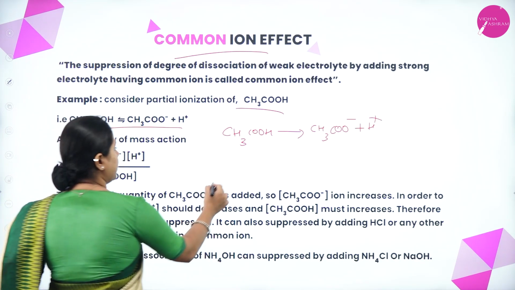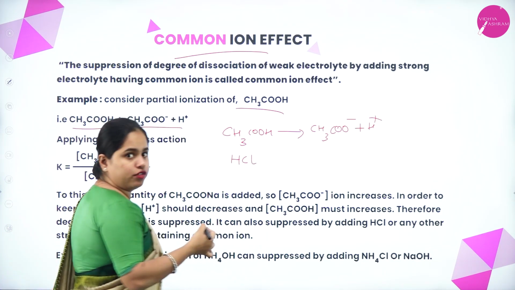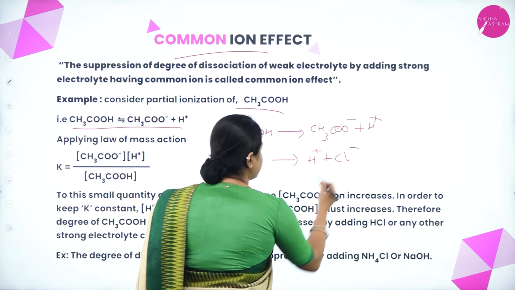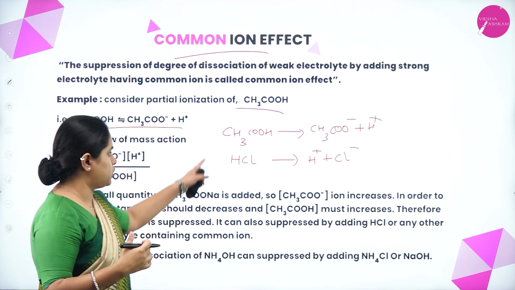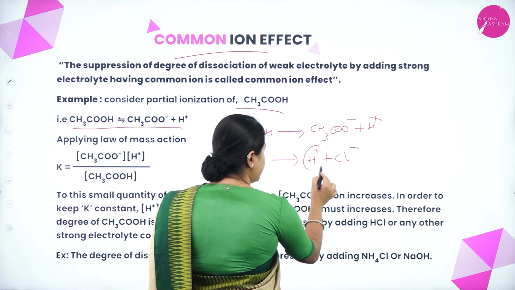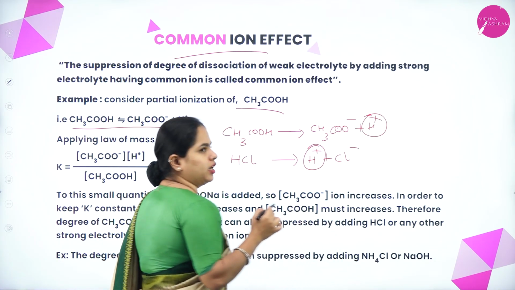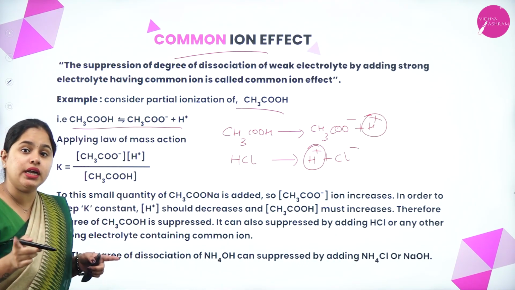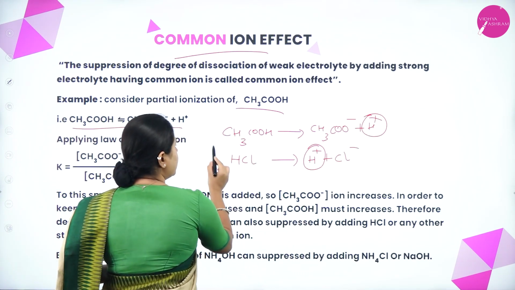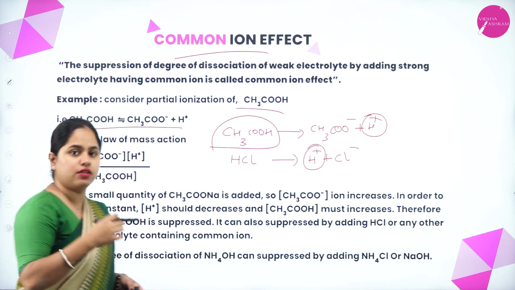For example, let us take the strong electrolyte HCl. HCl dissociates into H plus and Cl minus, right? So as you can see, this is your weak electrolyte, this is a strong electrolyte, and we have H plus here and H plus here, which is common. So this is a common ion. Because of the presence of this common ion, the dissociation of the acetic acid will be suppressed.